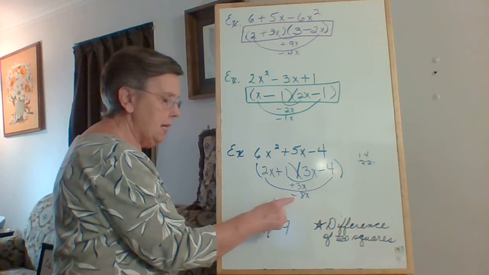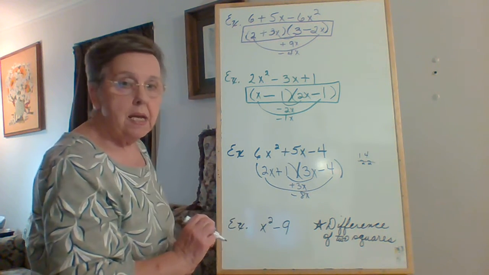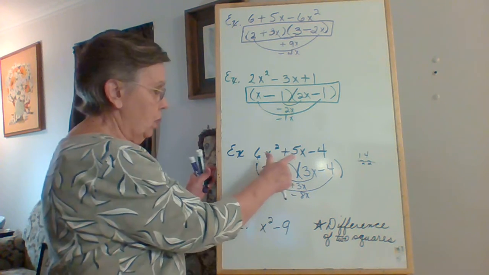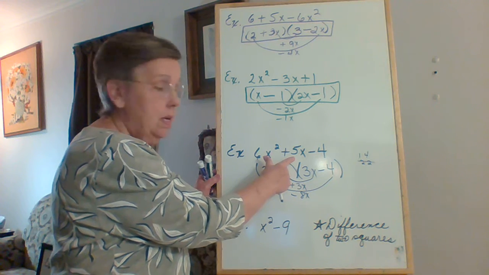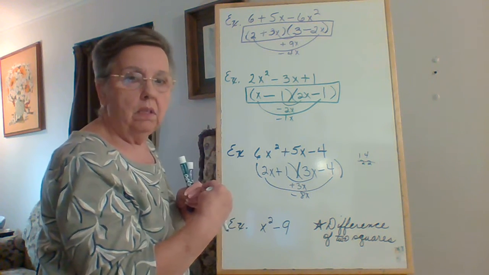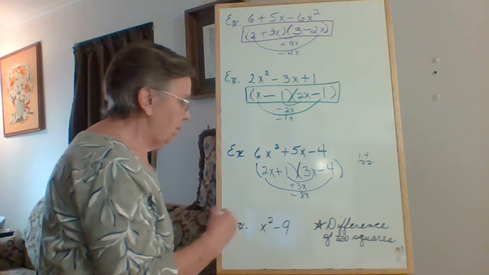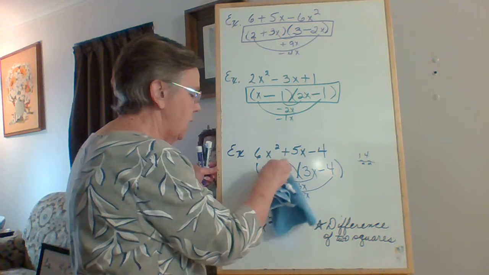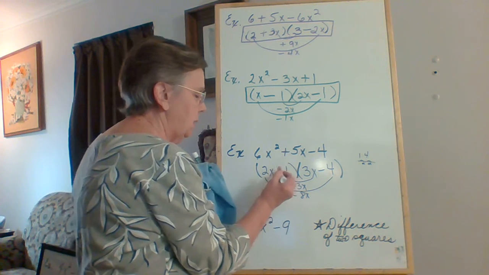A plus 3x and a minus 8x gives me minus 5x. Well, I have the 5, but the signs are wrong. So you remember what I do? I just change them. This is a minus.